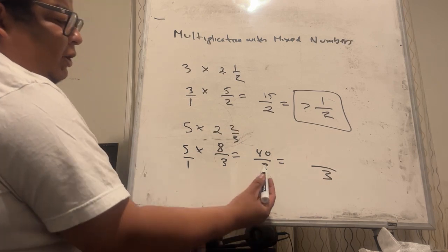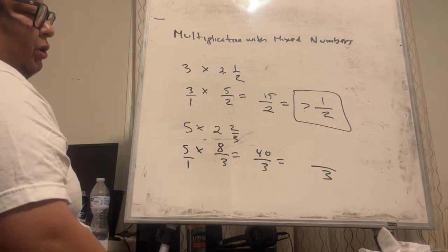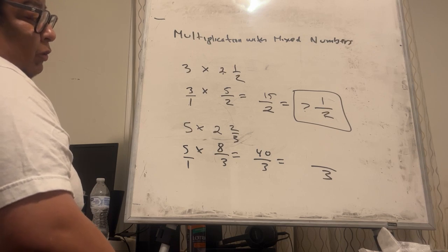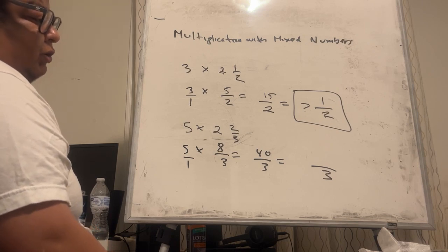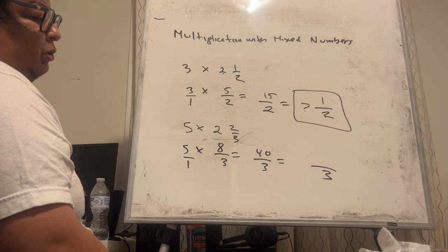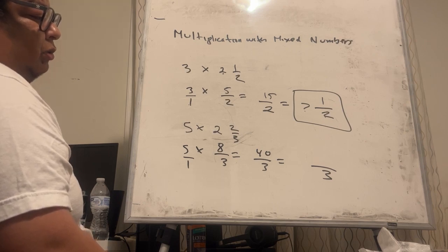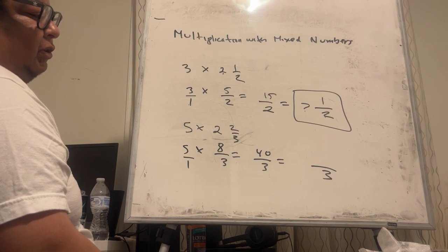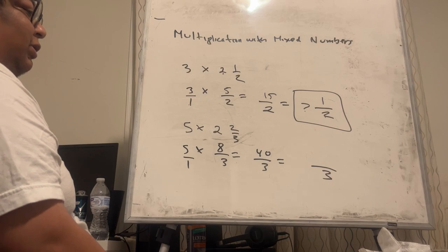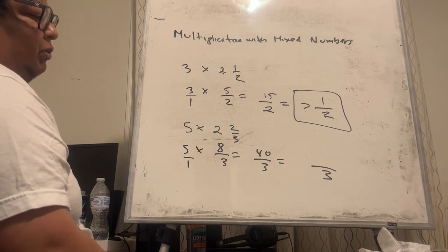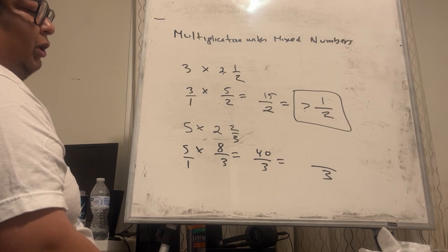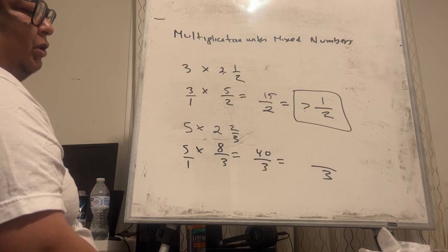How many times does 3 go into 40? Let's see, 3 times 15 would be 45. So let's try 3 times 10 is 30. Let's try 3 times 12 is 36.